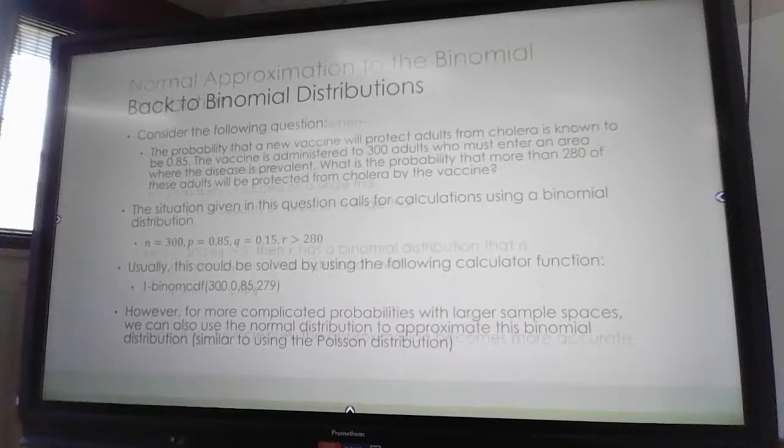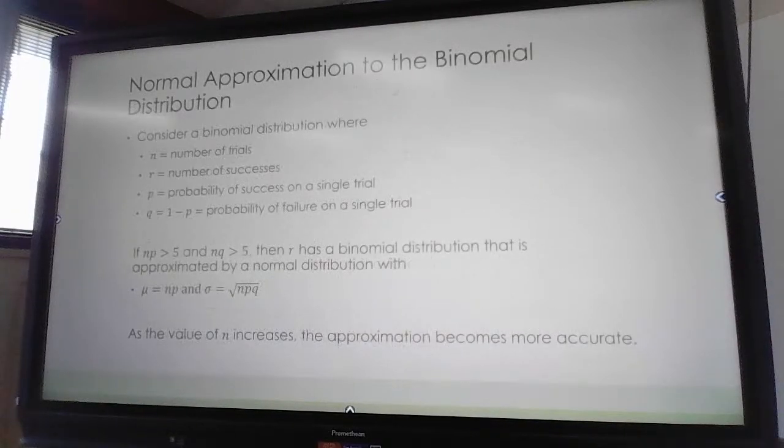Okay, so consider a binomial distribution where you have a number of trials n, number of successes r, and the probability of success on a single trial p, of course, with q being the probability of failure.